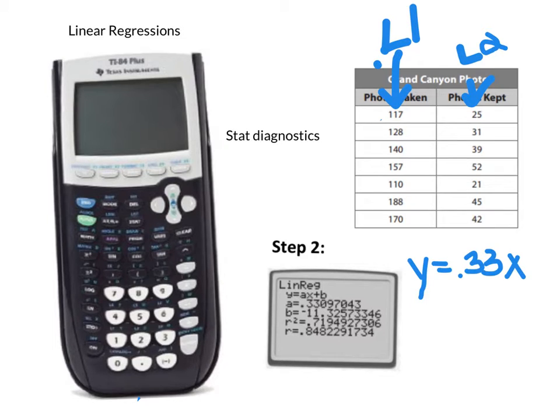So I'll do a minus 11.3, and that would be a good equation for this data. The r value is 0.85 if we rounded.